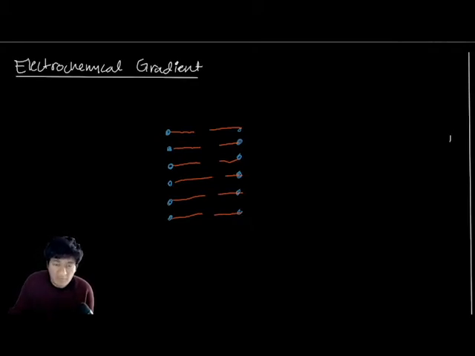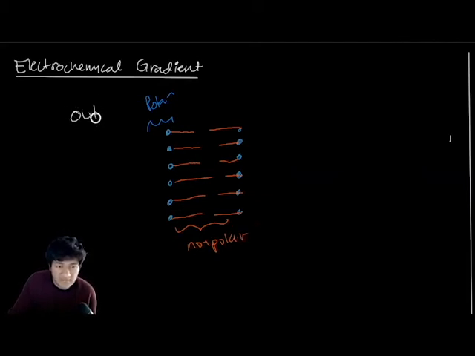So, because of the arrangement of this polarity over here, like this part is polar, and this part is nonpolar, and let's say this is the out of the cell and this is the inside of the cell.